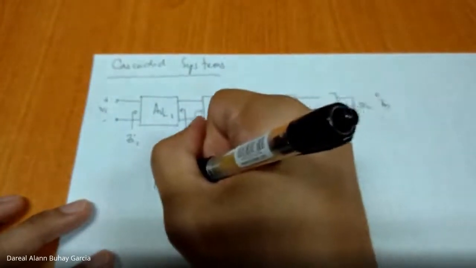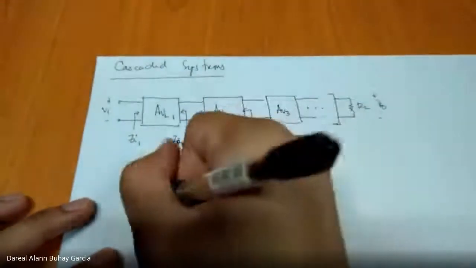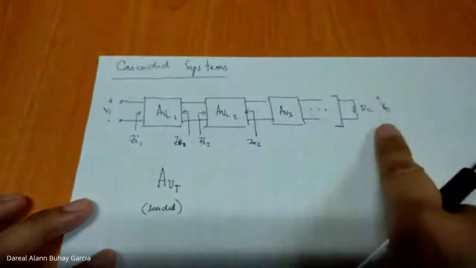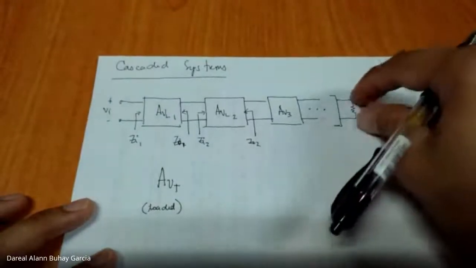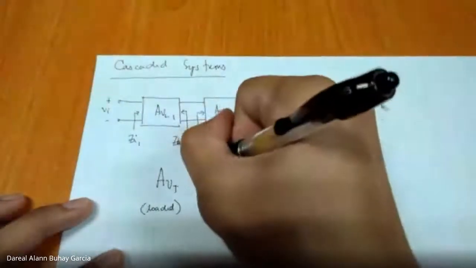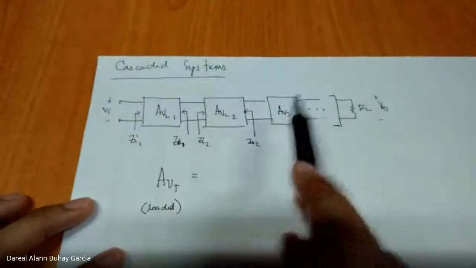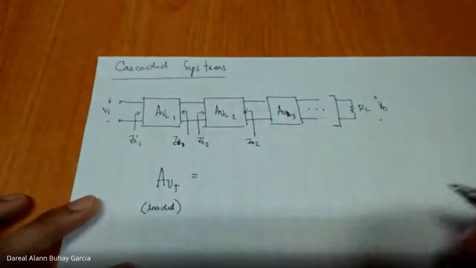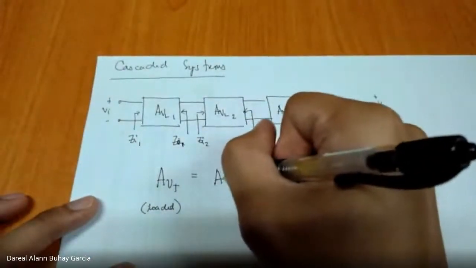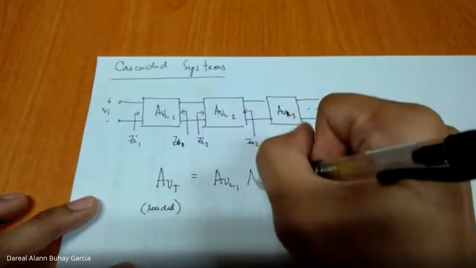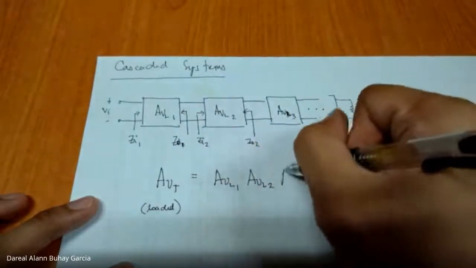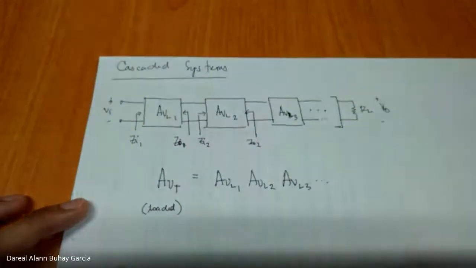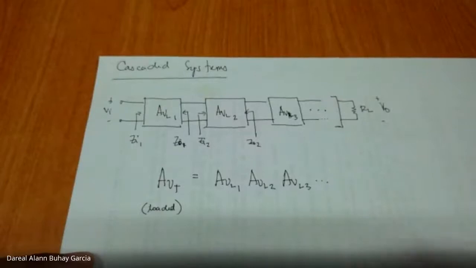AV total, loaded, I emphasize loaded because of RL connected to the last system, is equal to just the product of the voltage gains: AVL1 times AVL2 times AVL3, so on and so forth.